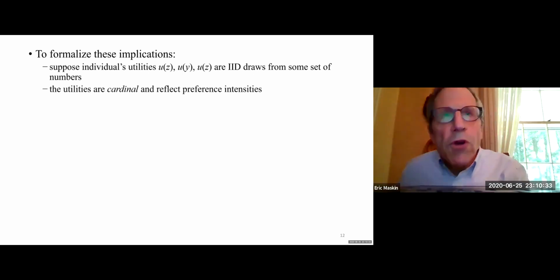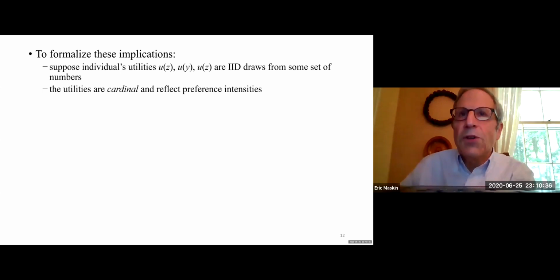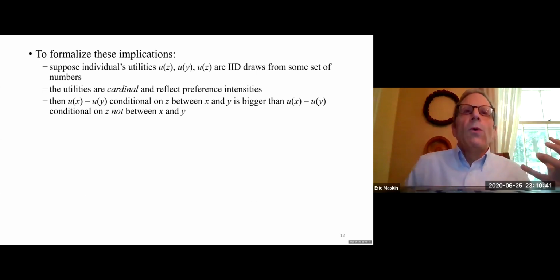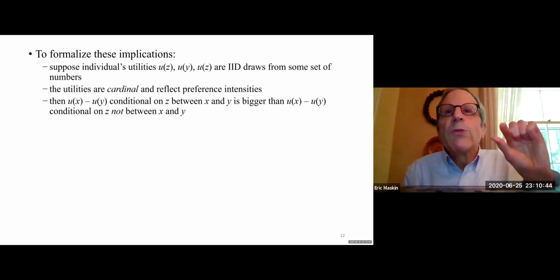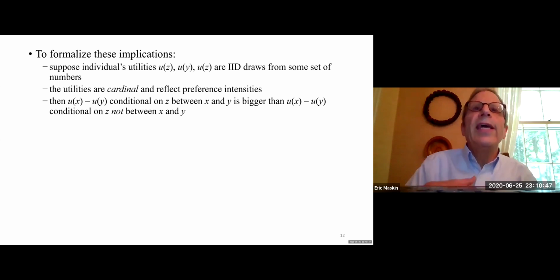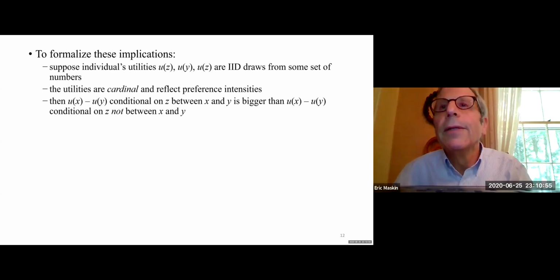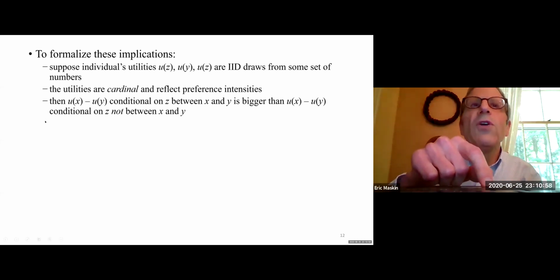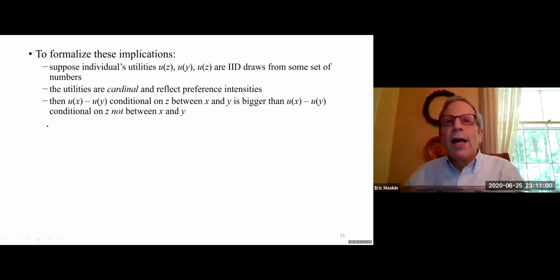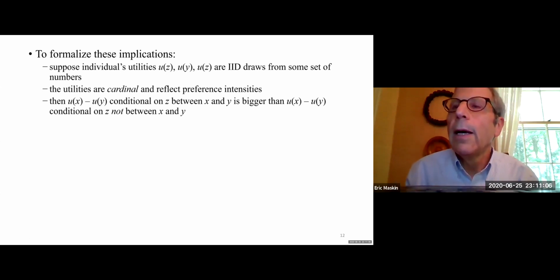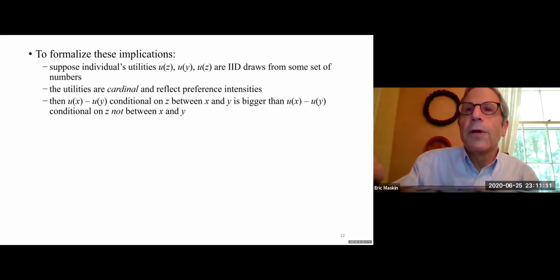The utilities themselves are cardinal, and they reflect the individual's preferences. We don't observe the utilities, but we know that if Z lies between X and Y, then the conditional mean of UX minus UY is bigger than the conditional mean of UX minus UY if Z does not lie between X and Y. And that's the sense in which we can make inferences about intensities based on ordinal information.